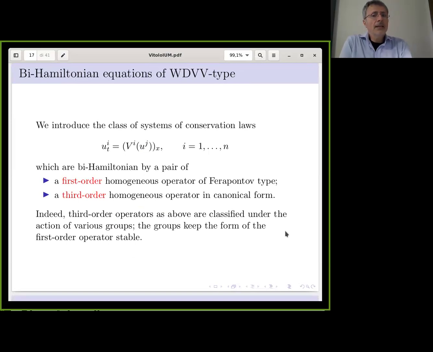So the non-local case must be considered. And a third-order homogeneous operator in canonical form. So why take them in canonical form? Because there is a clear classification of operators in this form. So we can use that classification to find compatible first-order operators and then systems.